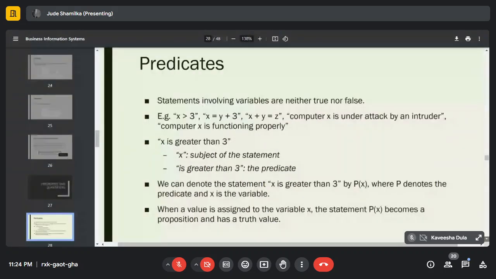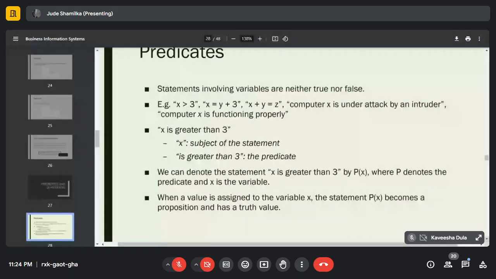So what are predicates first? Predicates are not propositions. In English grammar, you know what predicate means, which can be explained in Sinhala as Akyate, which means it represents something is happening, something is being done, or there is an attribute to something.